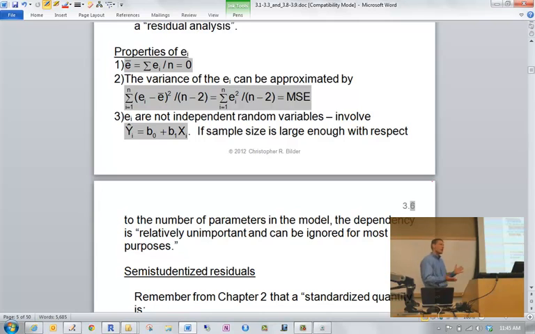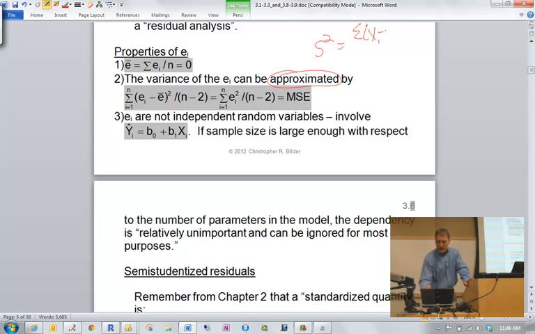First of all, some interesting properties of these residuals. The mean of them happens to be equal to 0. You can show that on your own. The variance of these e's can be, and I emphasize approximated here, by using just a regular old sample variance formula to some respect. When we usually calculate a sample variance, how about we call it S squared?